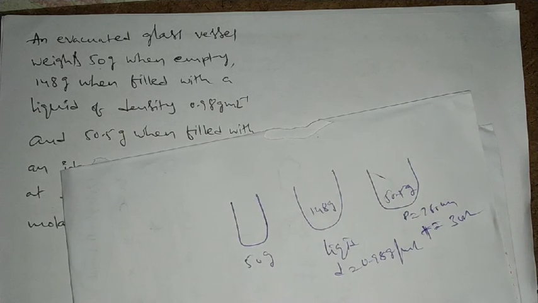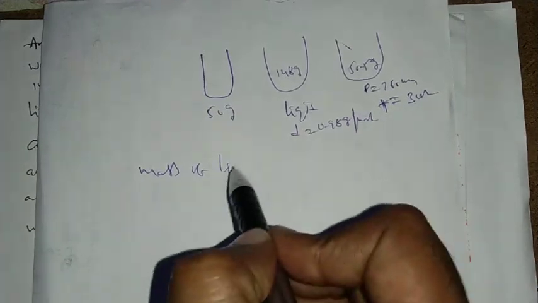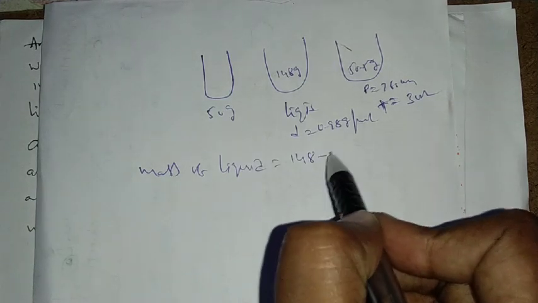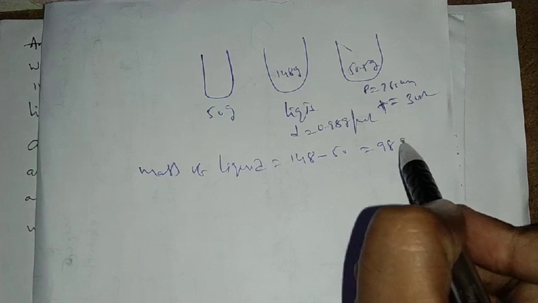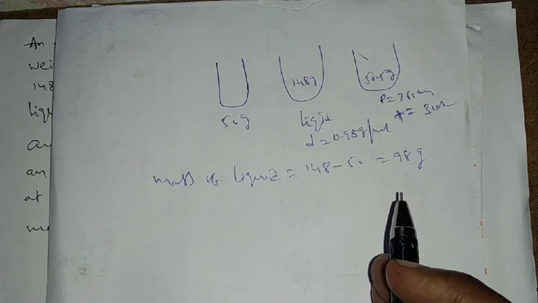So first of all, mass of liquid is equal to 148 minus 50. You will get 98 grams. Is it okay?